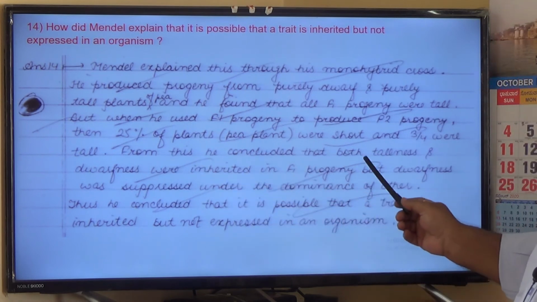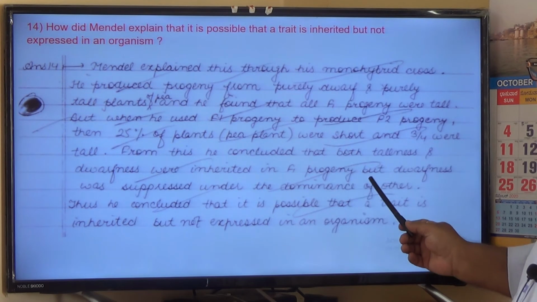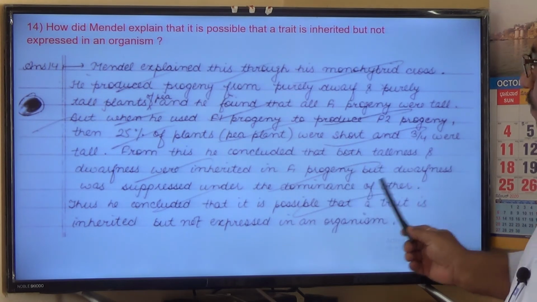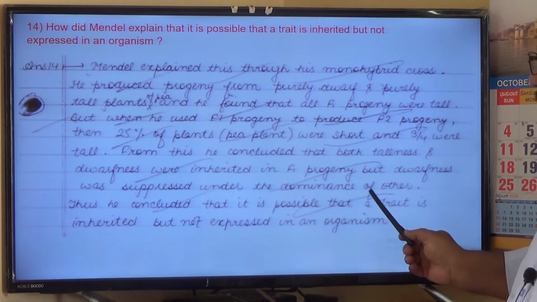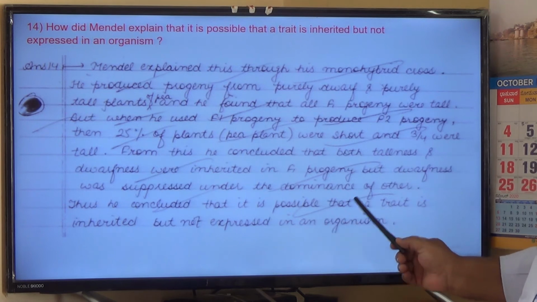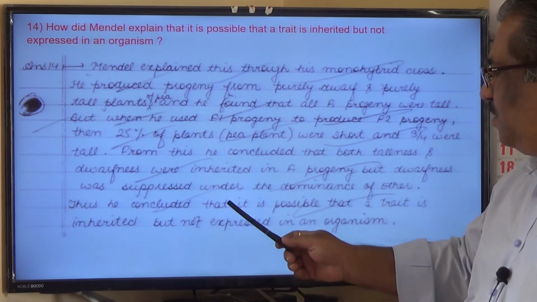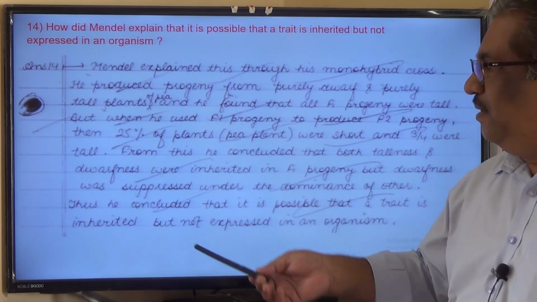From this he concluded that both tallness and dwarfness are inherited in F1 progeny, but dwarfness was suppressed under the dominance of the other, which is tallness. Thus he concluded that it is possible that a trait is inherited but it is not expressed in an organism, that is in F1 progeny. Very nicely written, make a note of this.